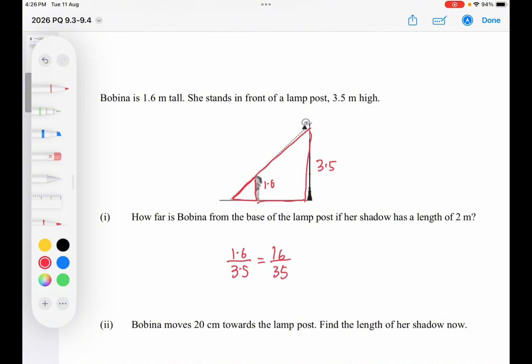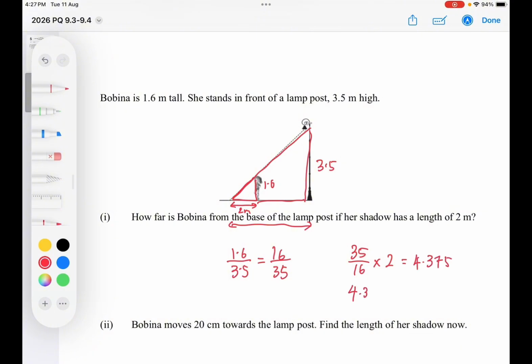If the length of her shadow, which is this shadow, is 2 meters, then we want to find the length of the end of the shadow to the pole, which is then going to be 35 over 16 times 2 meters, which is 4.375.